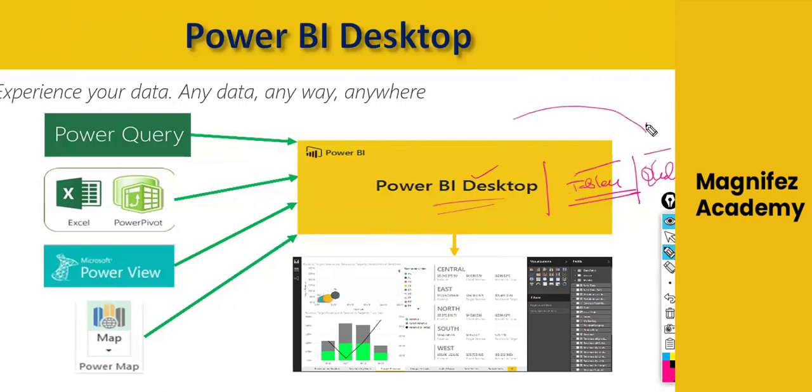But when it comes to QlikView, you have to write a little scripting. You have to write a script. Those who are scared of programming, for them scripting is made so easy, it's not so complex, but still there is a little bit of programming in QlikView.